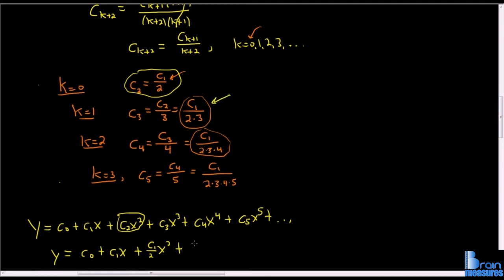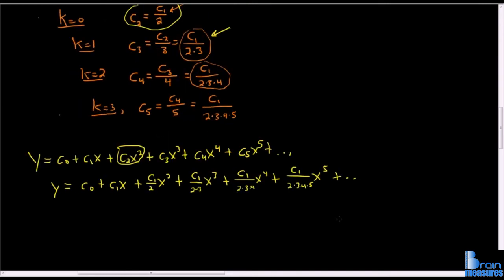So we get c sub 1 over 2 times 3 times x cubed plus c sub 4, that's c sub 1 over 2 times 3 times 4, x to the 4th, and then c sub 5 is c sub 1 over 2 times 3 times 4 times 5, x to the 5th. Okay, there should be 3 dots there.